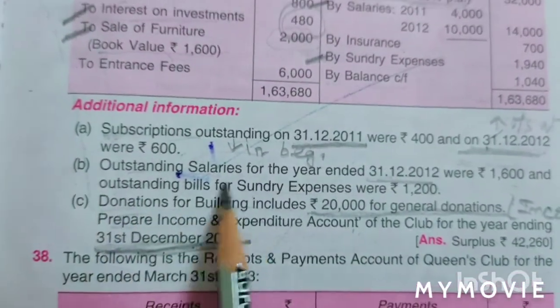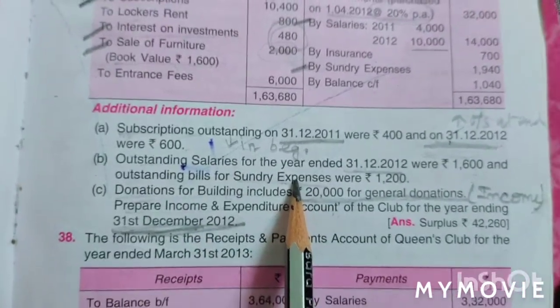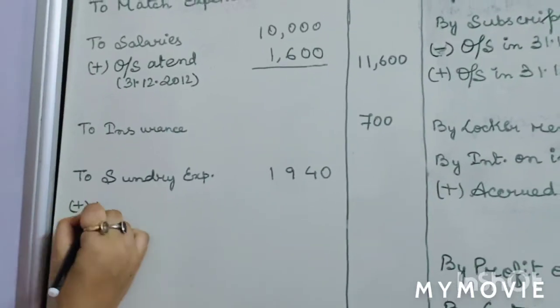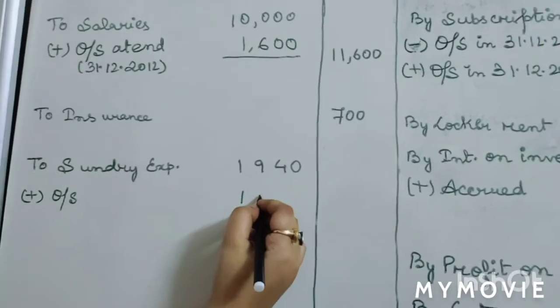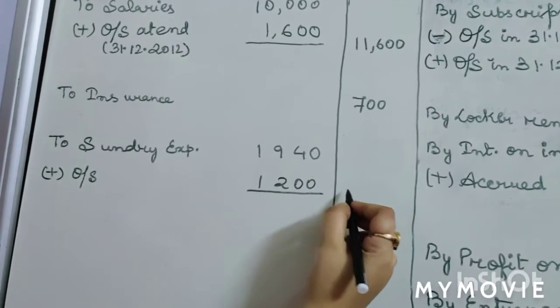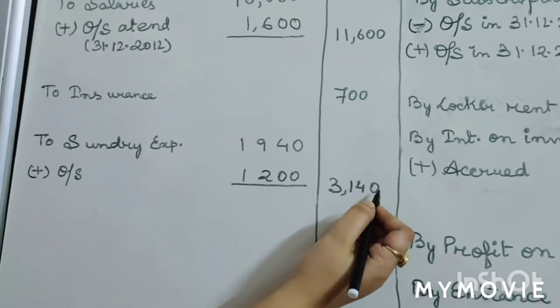Again we have outstanding bill for sundry expenses. Add outstanding 1,200, and this will give us a total of 3,140.